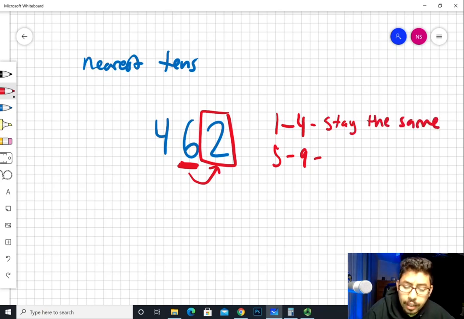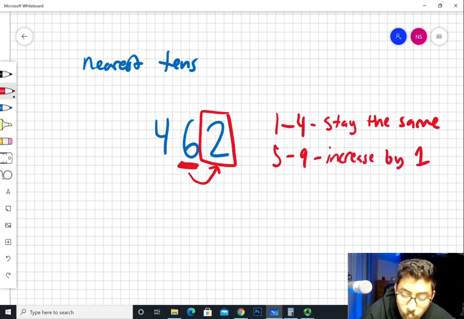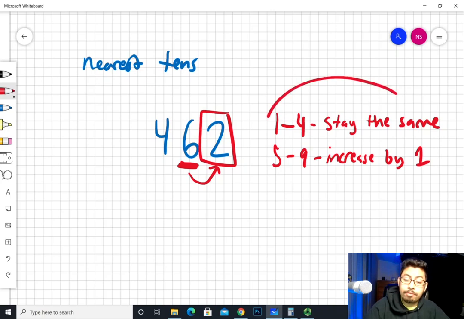And if your next door neighbor number fell between 5 and 9, it means your number is gonna increase by 1. Well, what are you talking about here? This is all confusing. Well, just focus on the rules.